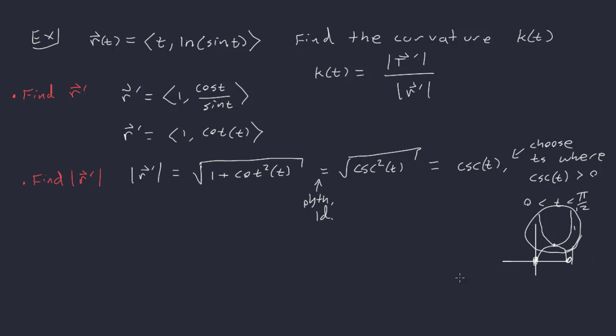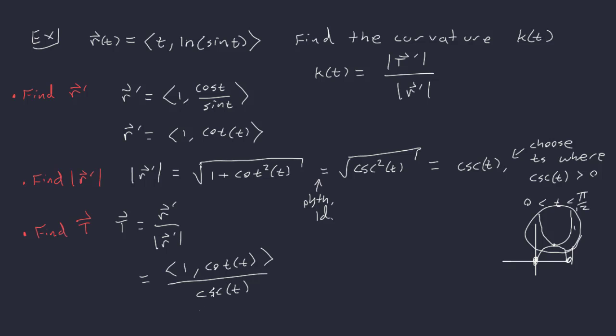Now I need to find capital T. Well, capital T is r prime over the magnitude of r prime. And this is why I wanted to simplify this down as far as I could, because now I have the vector 1, cotangent of t, divided by cosecant of t.